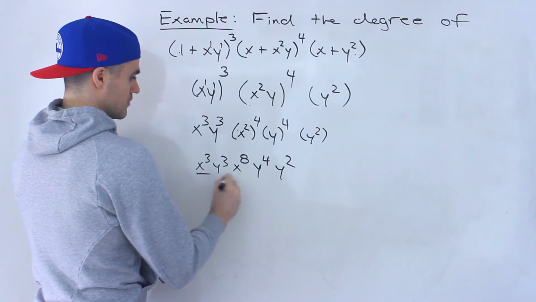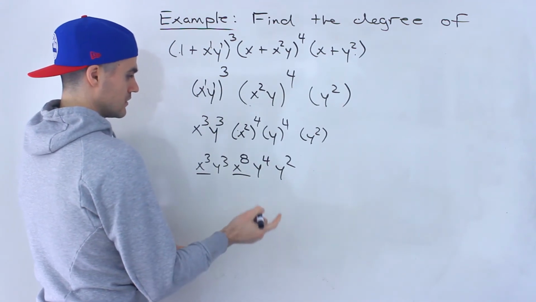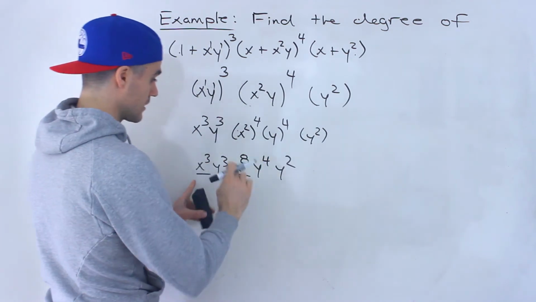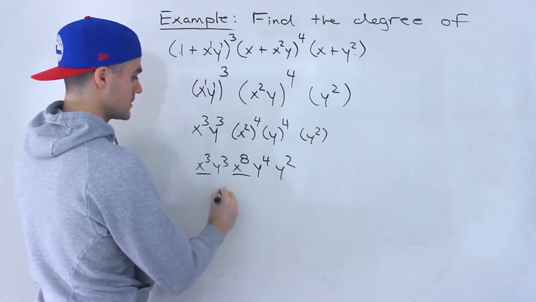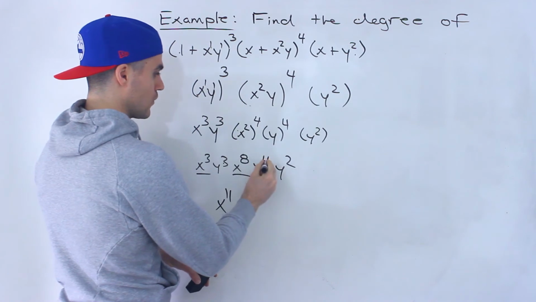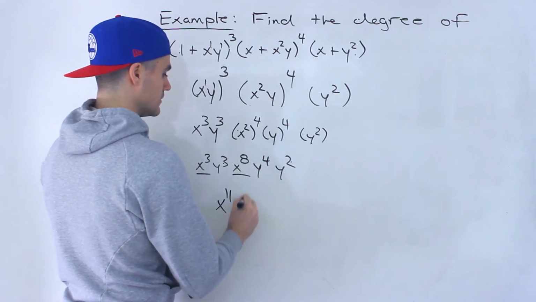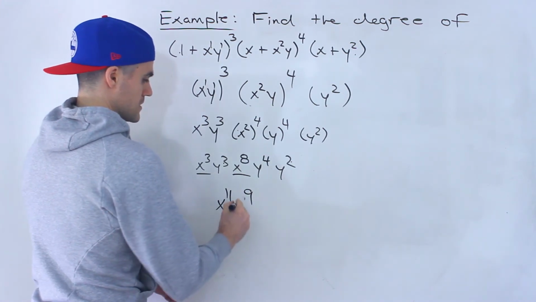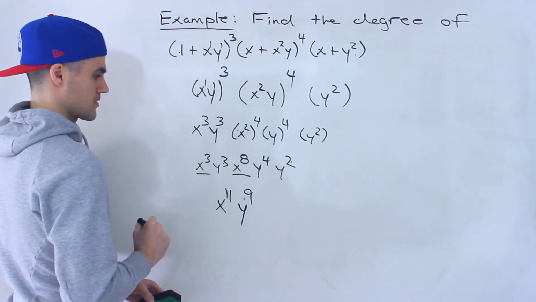And now x^3 and x^8, if we multiply those, they have the same base, so we could add the exponents. 3, 8, 2 would give us 9. Sorry, this would be y. My bad. Right, like that.